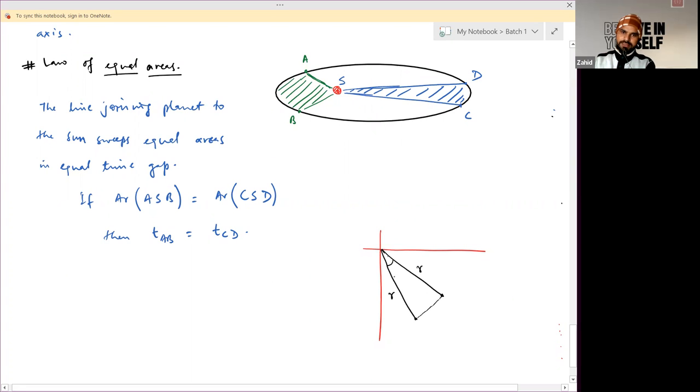The total angle subtended is delta theta. So the area swept by the planet going from this point P to this point Q will be this.